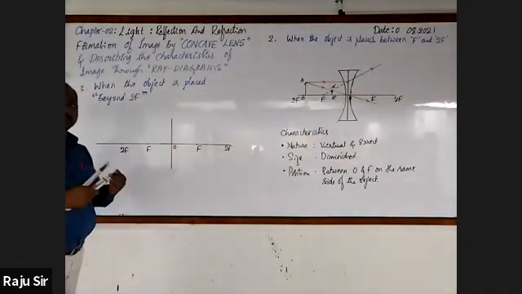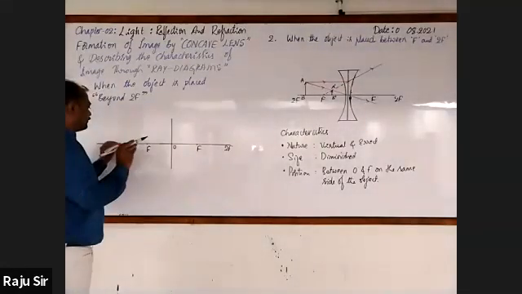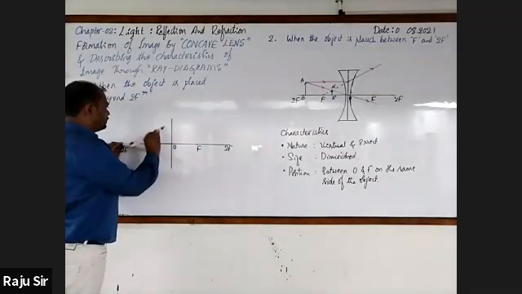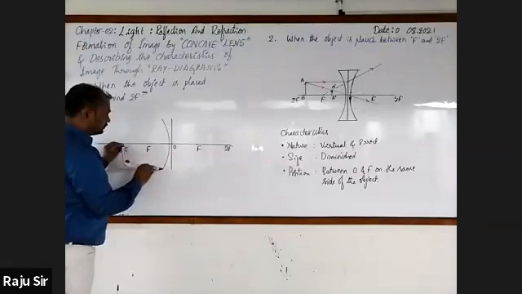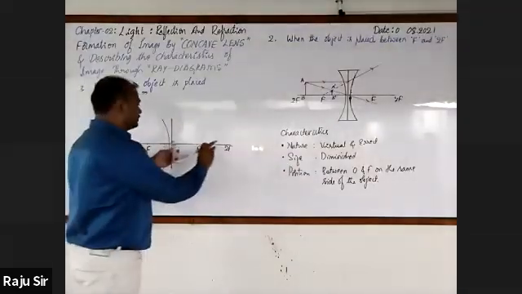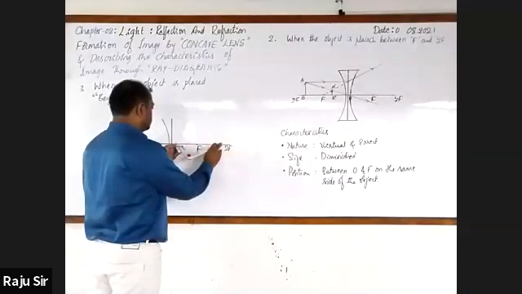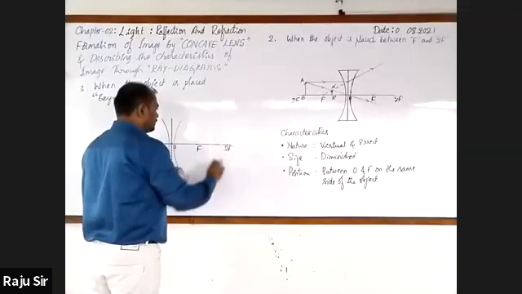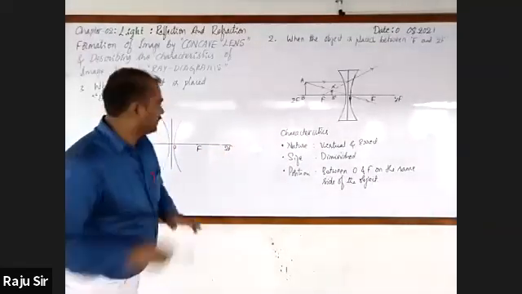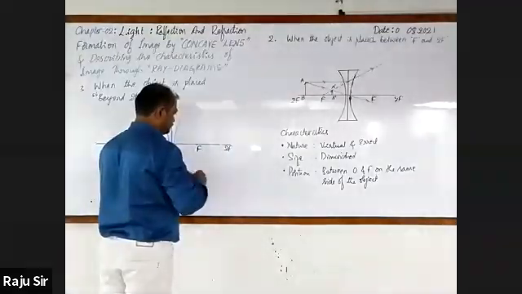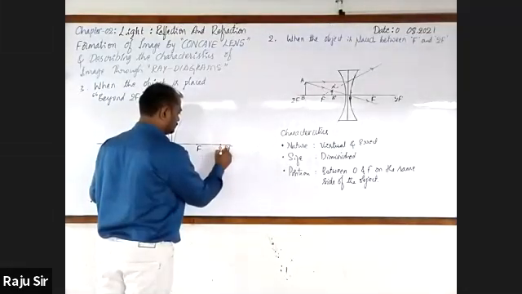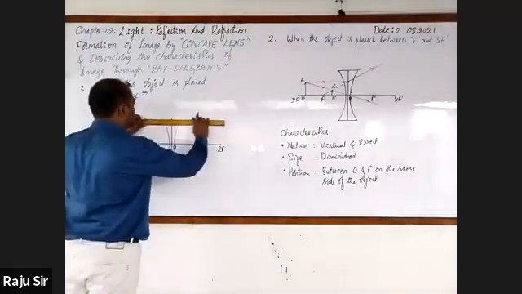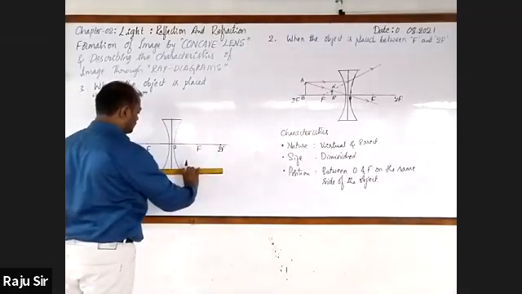With 2F as center and close to optical center as radius, draw an arc. Without changing the radius, with 2F as center on the other side, draw an arc. Now, this is concave.